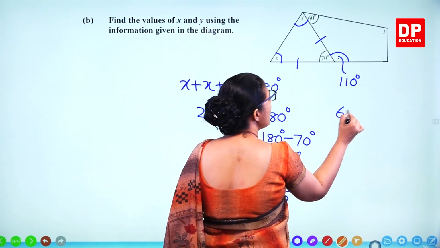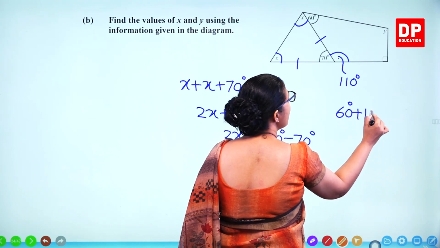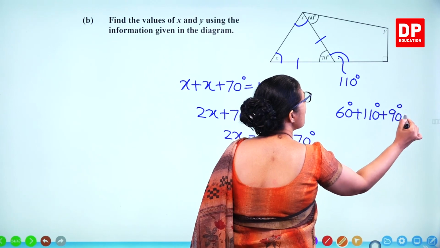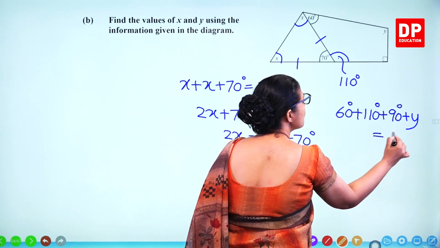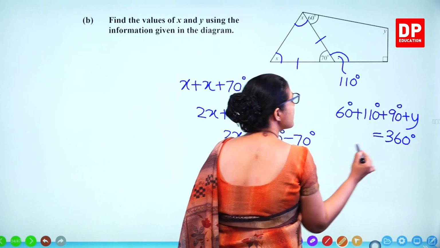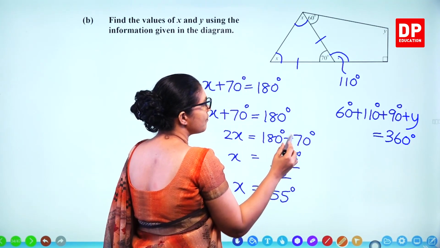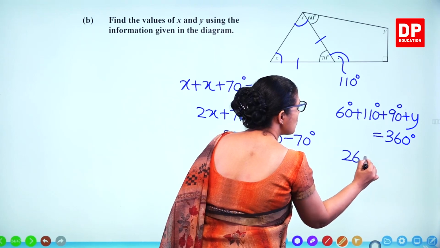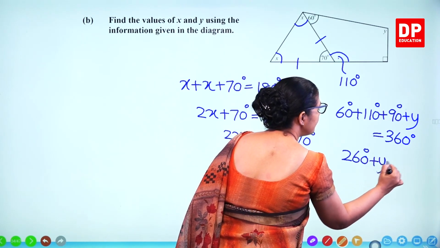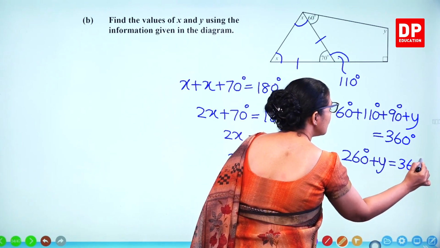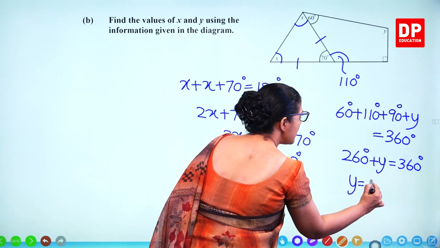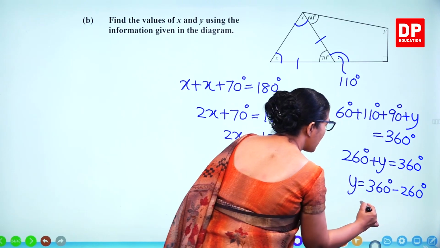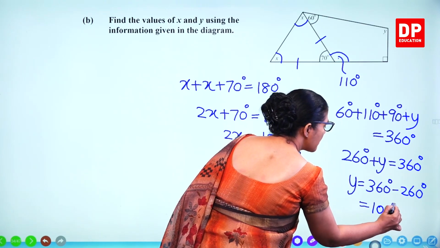So you can write an equation. 60 plus 110 plus 90 plus y is equal to 360 degrees. 110 and 90, 200. That's plus 60, 260. So what's the y value? 360 minus 260 degrees. You get 100 degrees.